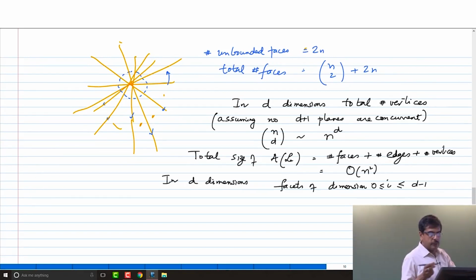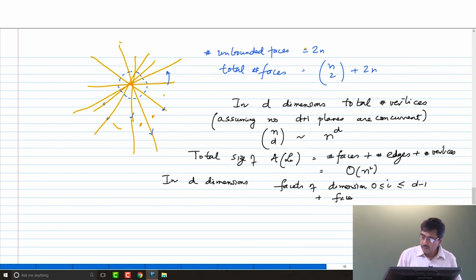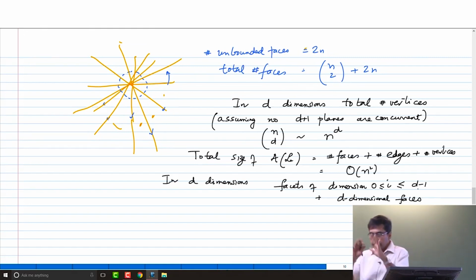So, actually I should add, of course, the faces themselves, which are d dimensional. These faces actually enclose some volume, right. So, they are facets of lower dimension and there are these faces.